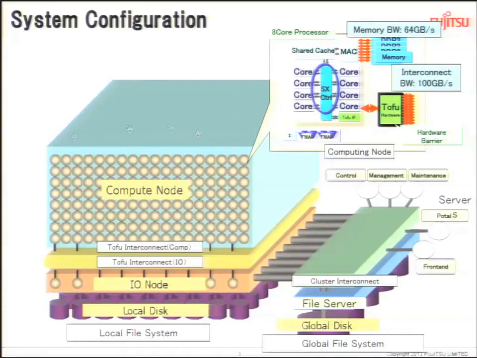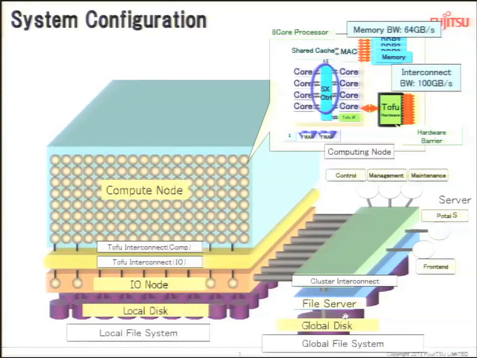Here's a computing node, and there's an IO node, the same kind of node in the rack. Here's a local disk and local file system, connected by a 5-channel IO node directory. And here's a global disk. Also, this file server provides an IA architecture.